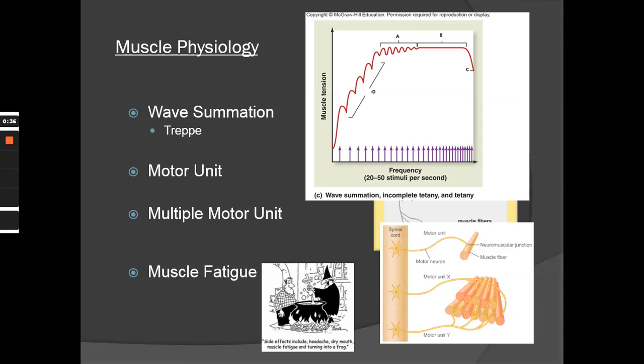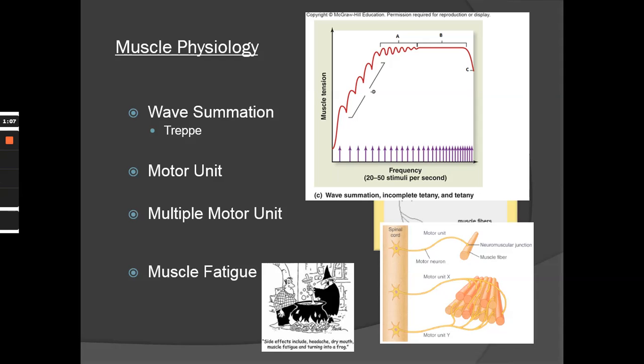Alright, so the first thing I want to talk about is what we call wave summation. That first bullet point up there, wave summation. This particular word, summation, sum: if you're asked what is the sum of something, then you know you have to add. So wave summation is when you add more and more stimuli to a muscle.